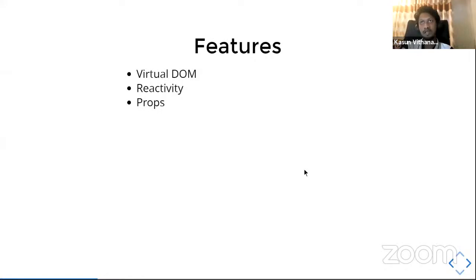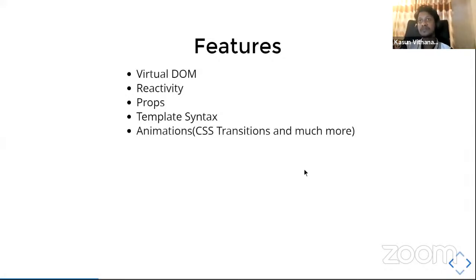If you are from the React world, you already know how to pass data to components, and Vue.js also has it. And it has this template syntax, which is very straightforward. You can use it to write really nice UIs. If you are from the Angular world, you might already be familiar with this. And I will explain about this in further slides.